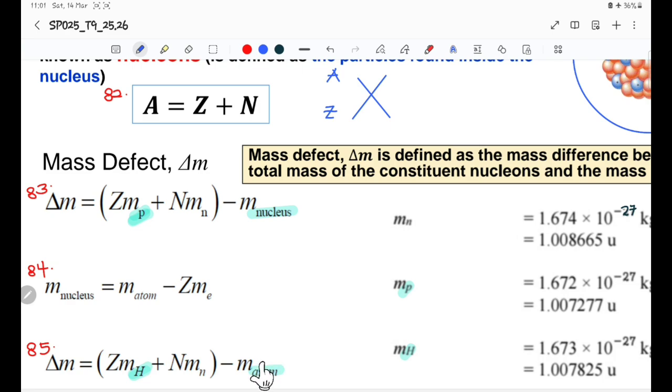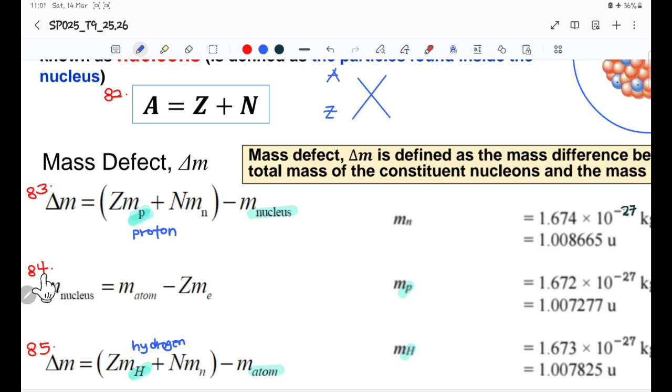So remember, atomic mass includes the mass of electrons inside of the elements or the particles, right? Where MP here is the mass of proton and MH here is the mass of hydrogen. So you may notice mass of proton and mass of hydrogen are 2 different values.